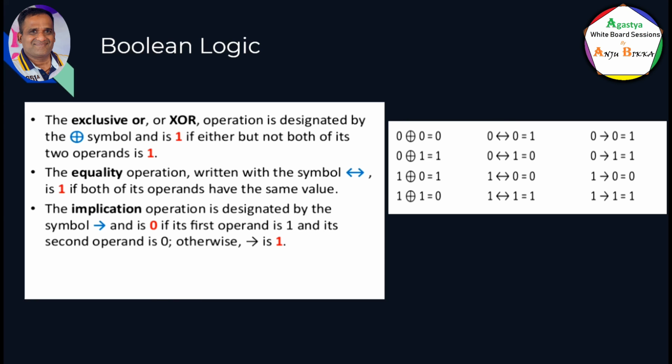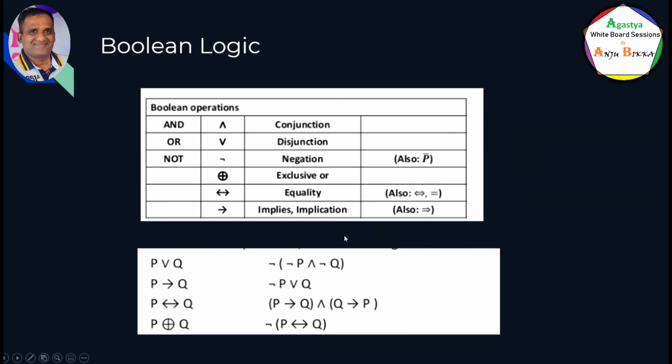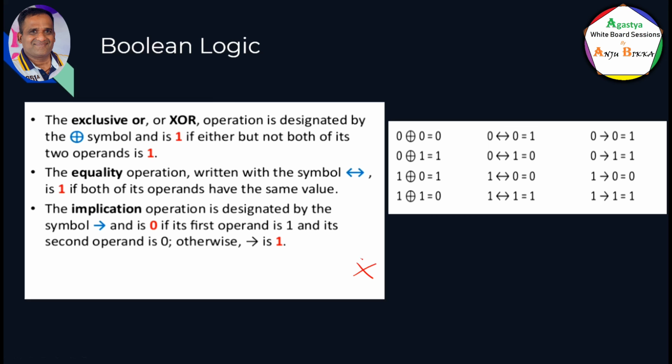Exclusive or, XOR, is also denoted as XR. This is the notation. What is XOR? If both are the same, then the value is 0. Either both are true or both false, false and false, then false. Both true and true also becomes false. If both are different, meaning any one of them is true, then it becomes true.